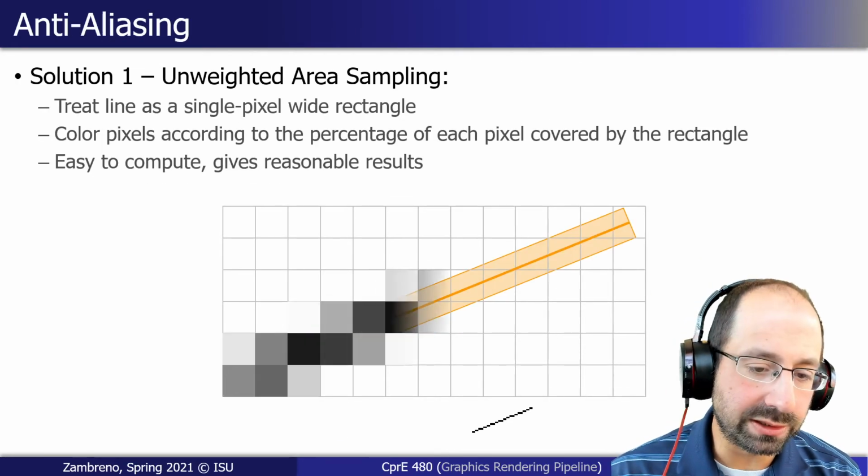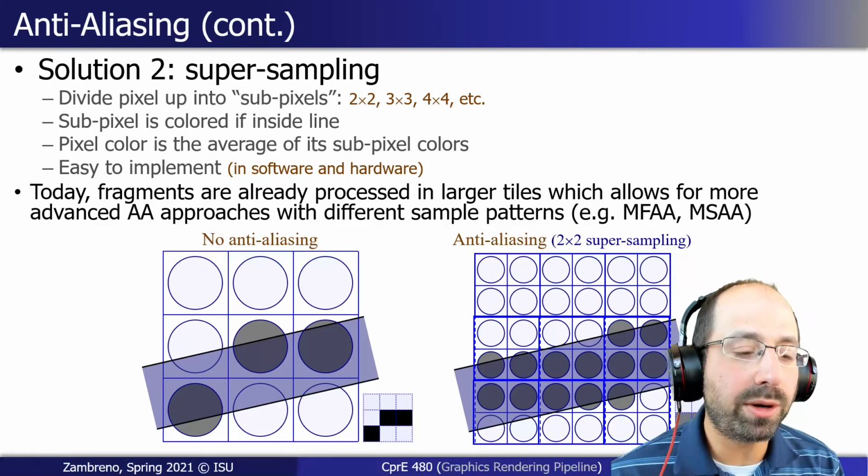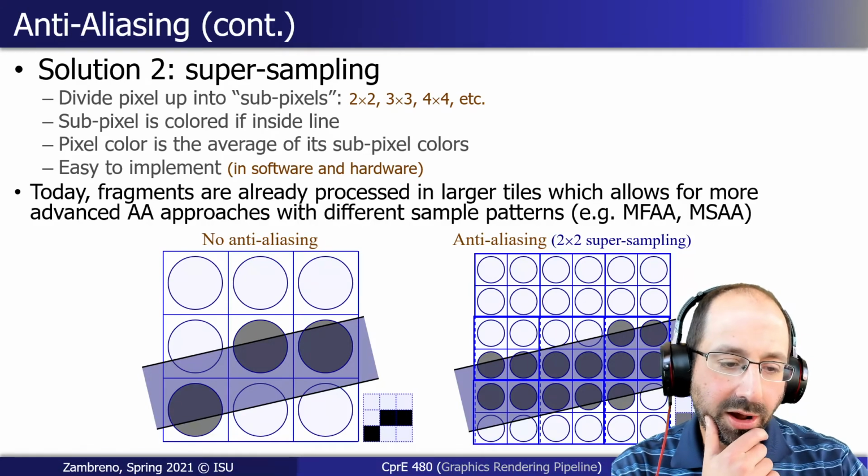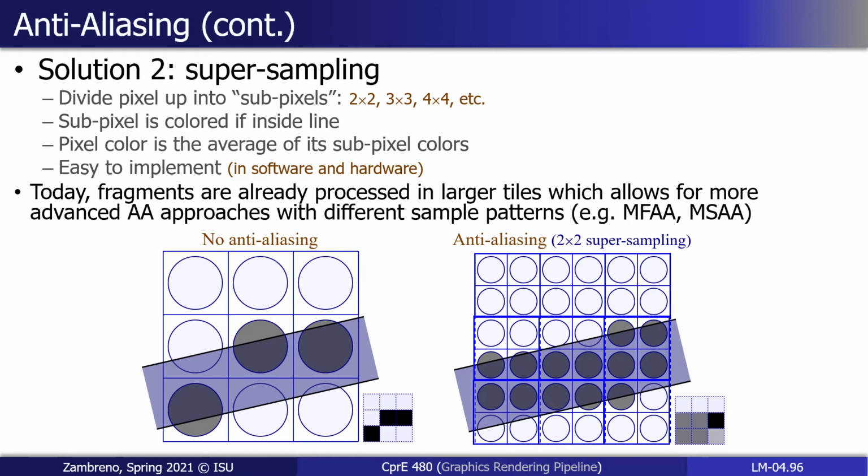There are approaches. A much more common approach today, and there's a lot of art to this, more than science, is this idea of supersampling your image, or appropriately sampling your two-dimensional space.